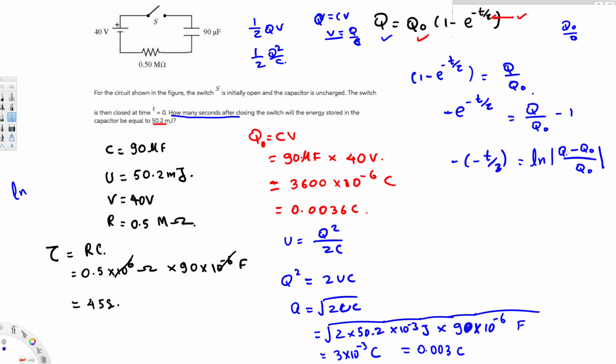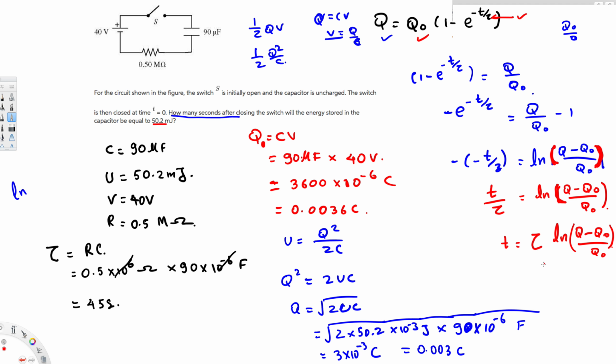The minus signs cancel, because the answer is going to be negative and you will get a positive answer. You're supposed to get a positive answer. And we can move the time constant to the other side, so t is equal to the time constant times ln of (Q minus Q naught) over Q naught.